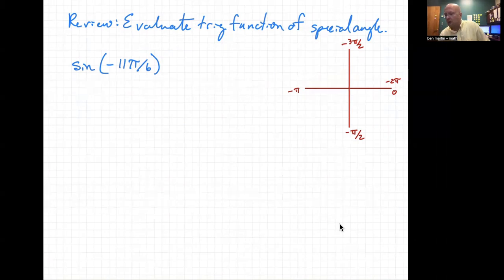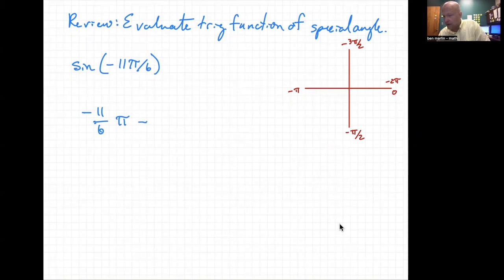So when we talk about sine of minus 11 pi over 6, if you take a calculator and divide, that's negative 1.84 or something. And so that's close to negative 2, okay?